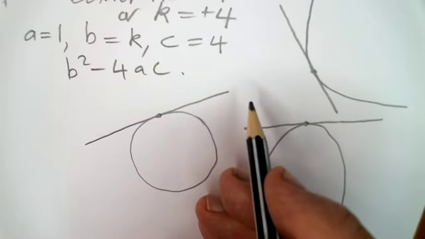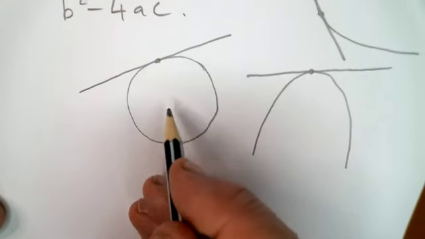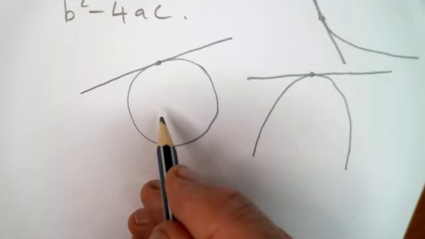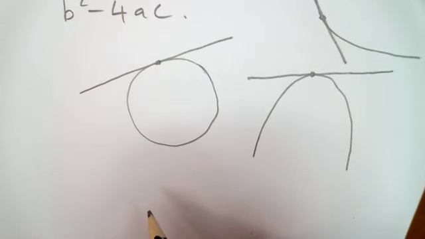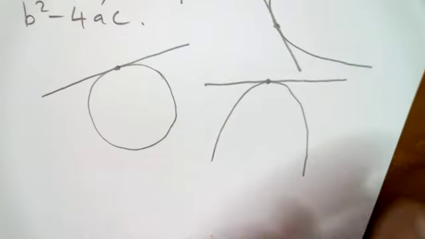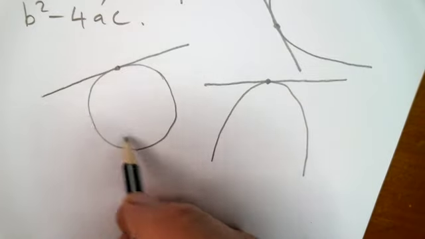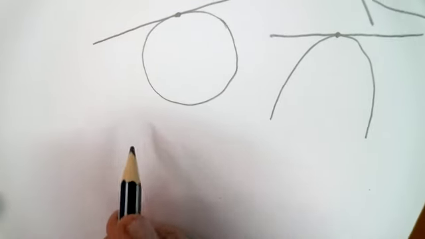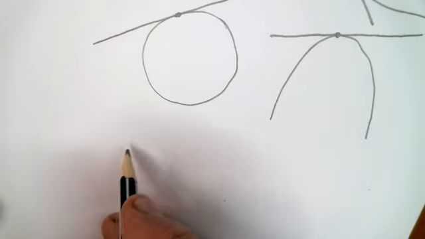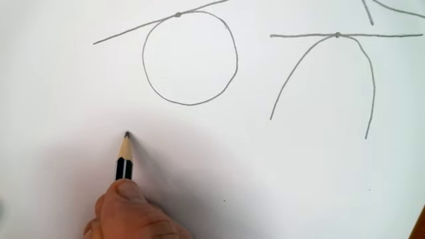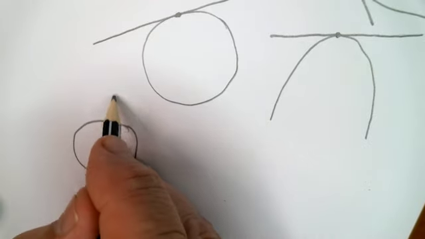So let's just take an example of that. Let's say you've got the circle. I'll make the circle look like this. So here's our circle, and we'll put it straight through the origin.